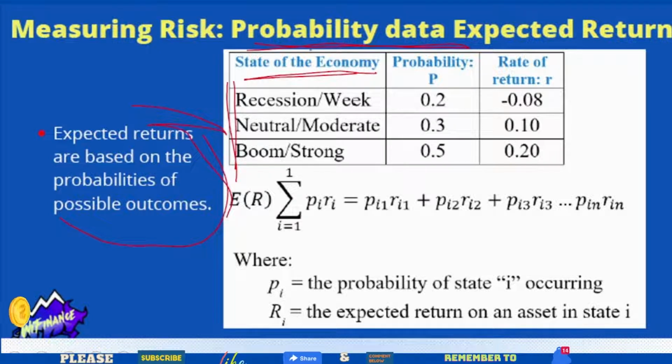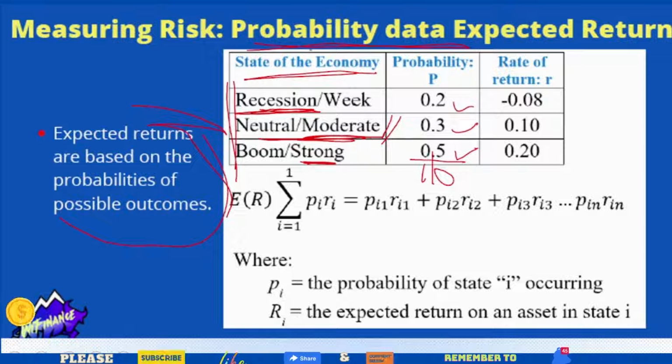In our example, we think there is a 20% chance that the economy will falter or go into recession, 30% chance that it stays normal, and in this situation, we will have moderate growth. And we also think that it has 50% chance that the economy will have a strong growth. Remember that the sum of your probability values must be equal to 1.